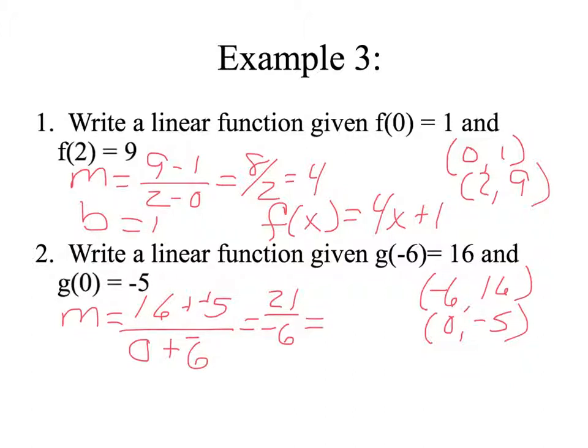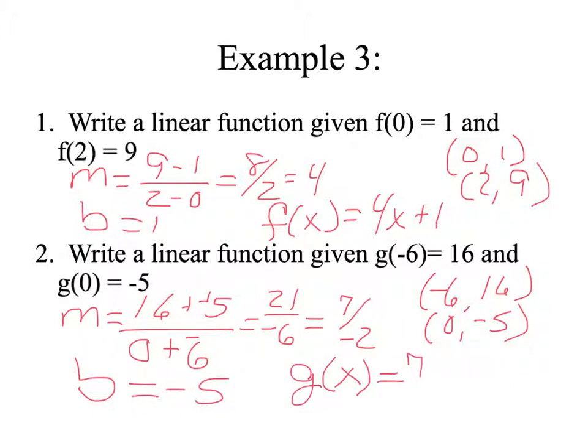Now that I have my slope, I'm going to reduce and divide top and bottom by 3. That's going to give me 7 over -2 as my slope. My b value again very nicely was given to you. It's -5. So we don't want y anymore. This time we actually want to write it as g of x equals 7 over -2 x plus -5.